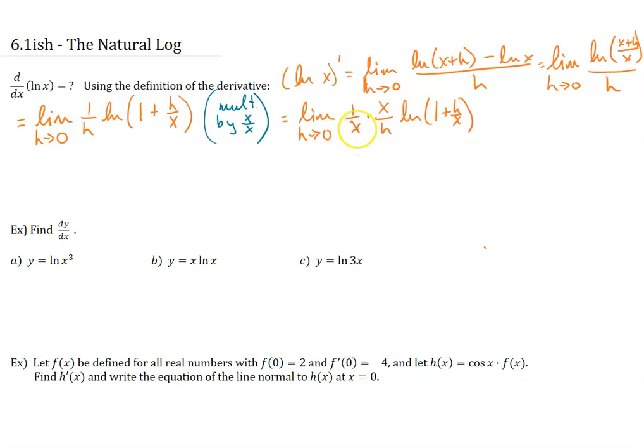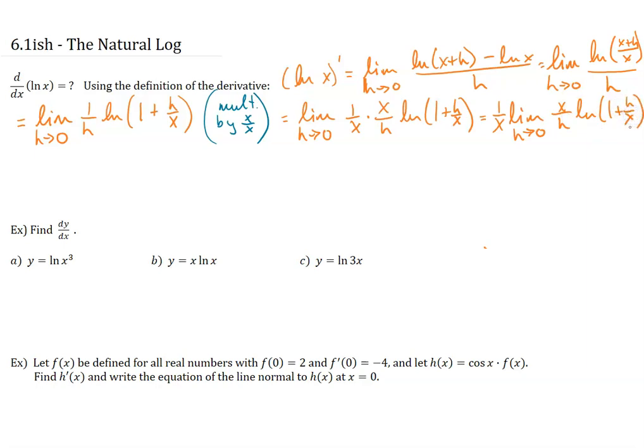So yes, x is a variable here, but since the limit is in terms of h, this is a coefficient, okay? So moving that to the front, I have 1 over x times the limit as h approaches 0 of x over h times natural log of 1 plus h over x.